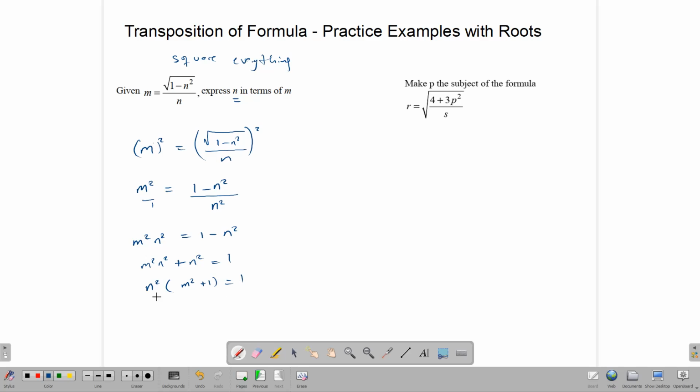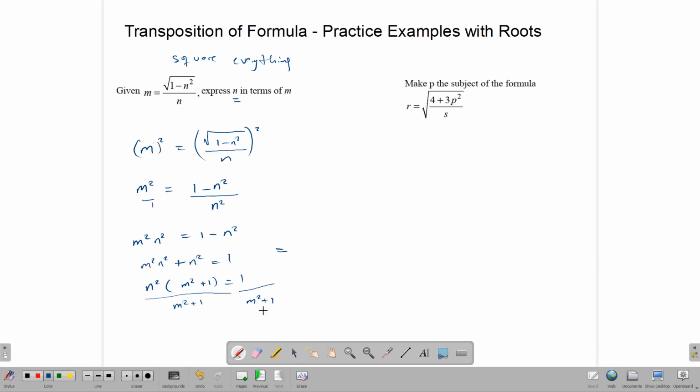And now that we've done that, we can divide by our bracket. So we can have now n squared divided by m squared plus 1 is equal to 1 over m squared plus 1.